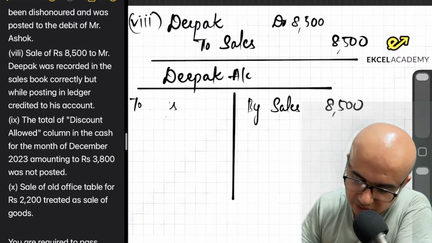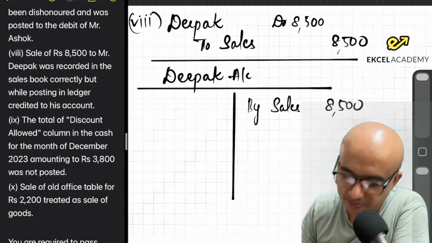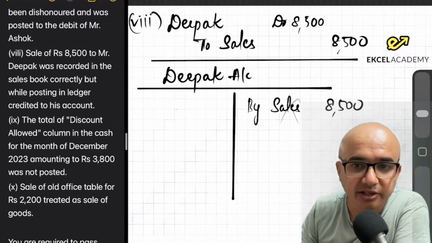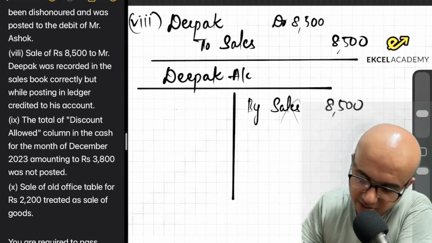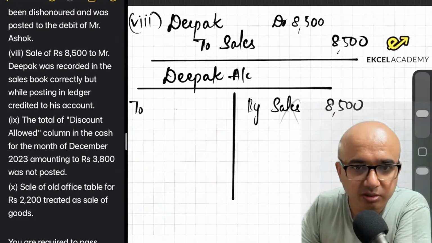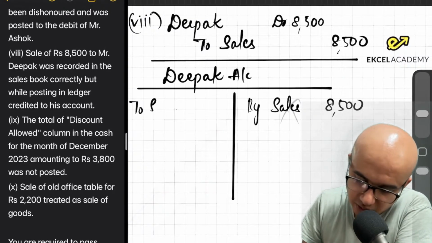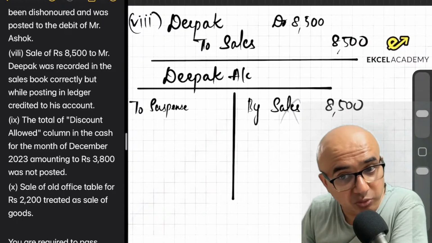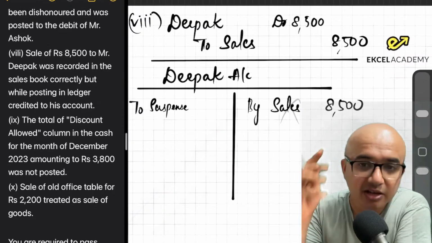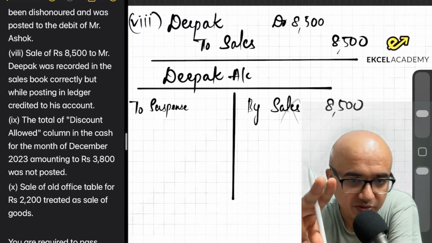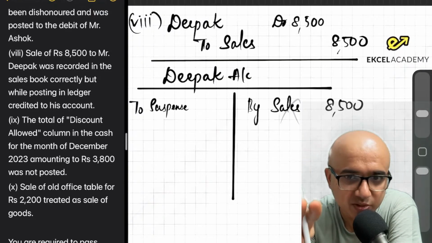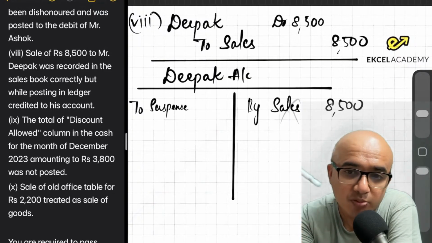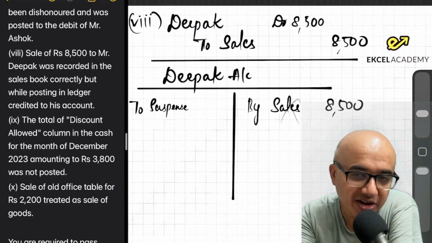So this debit is missing and there is a wrong credit here. How do we rectify? Post it on the debit side to suspense. We can't write again to sales because it will get duplicated in the sales book. And we can't simply write 8,500 because if you write to suspense 8,500 in Deepak's ledger, you'll be only cancelling the wrong credit entry.